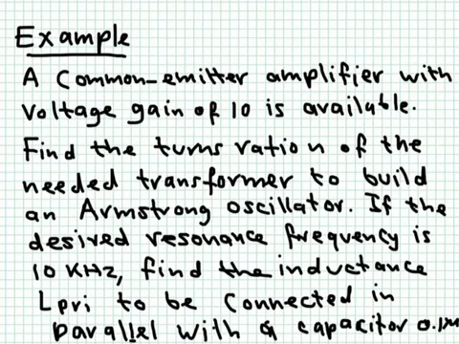I also can determine the turns ratio, because the gain of the amplifier is simply minus 10, and the number of turns will have to give you the opposite of that gain. Minus n will have to be equal to minus 0.1 in that case. So n will have to be equal to 0.1.